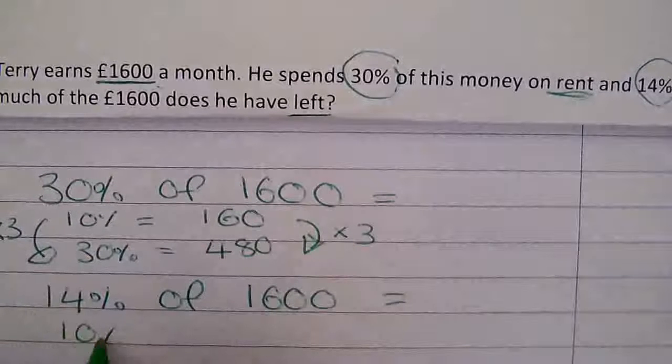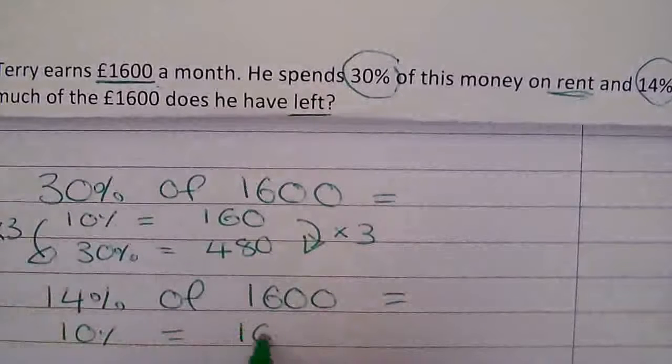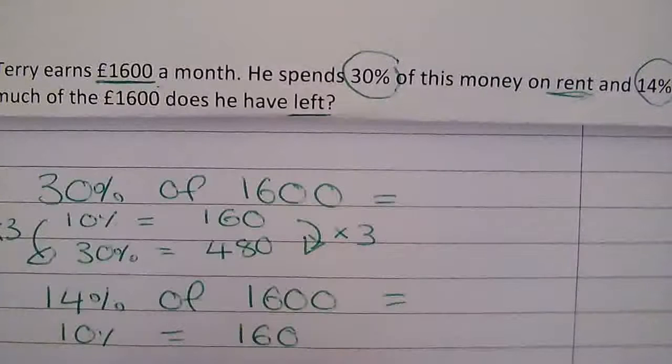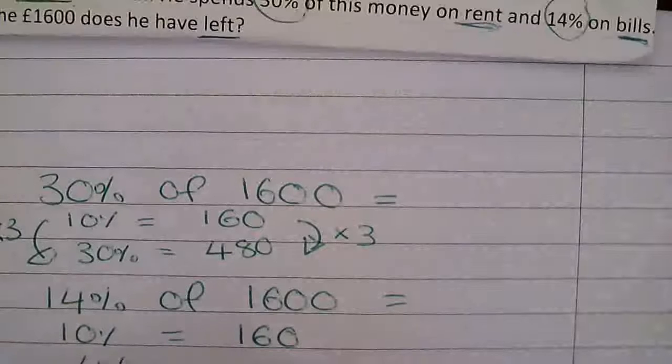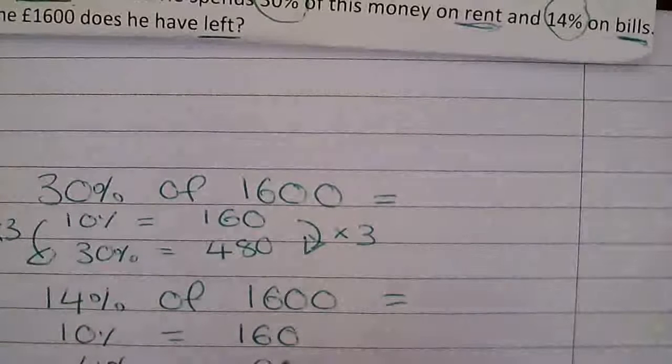And then you could do your 14%. You'd still use your 10% to be 160, but you'd still then work out your 4% in the same way. So we just worked out earlier that 4% was 64, and then you'd then just do the same sums.